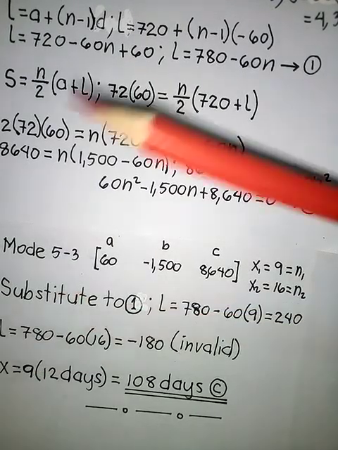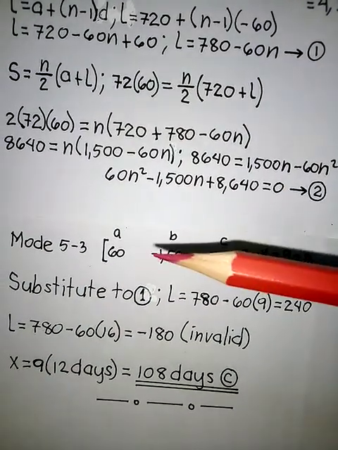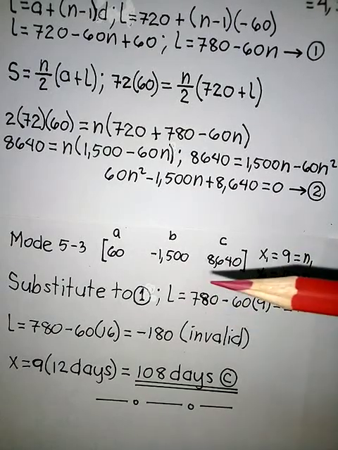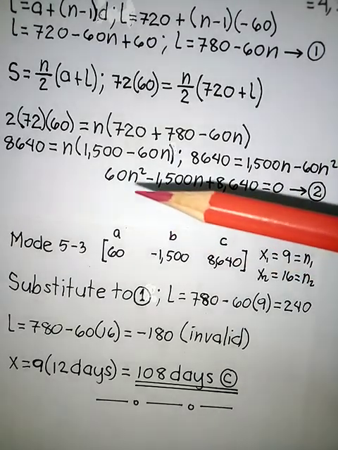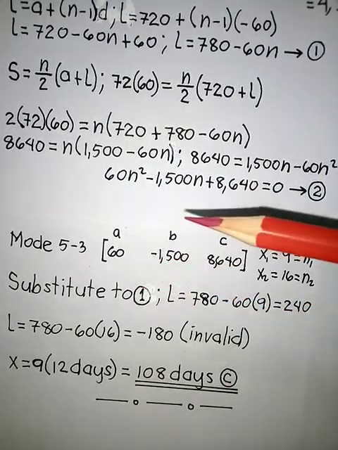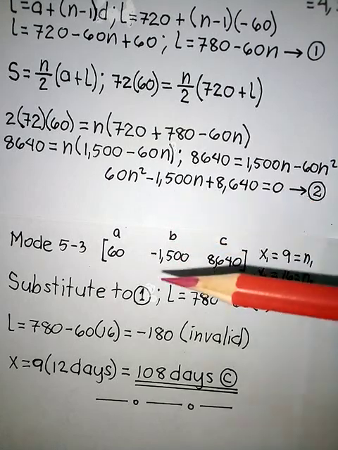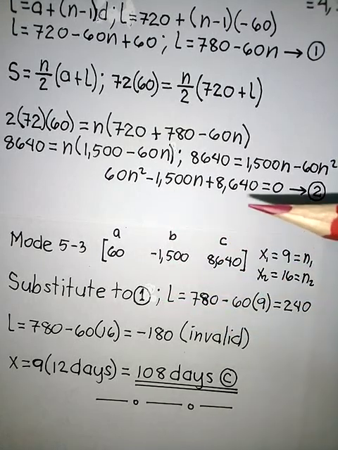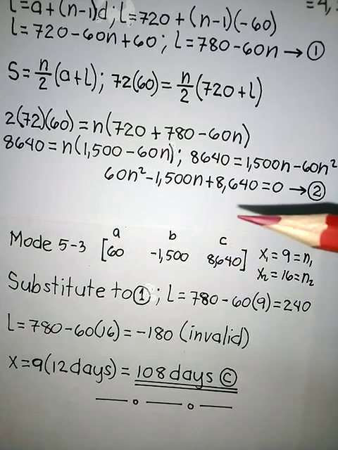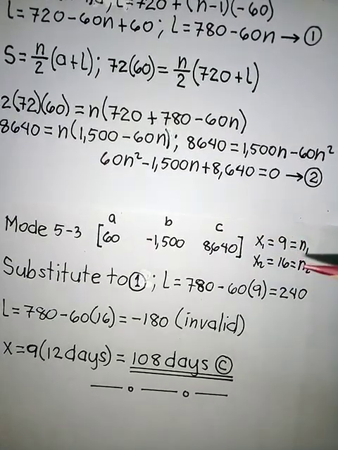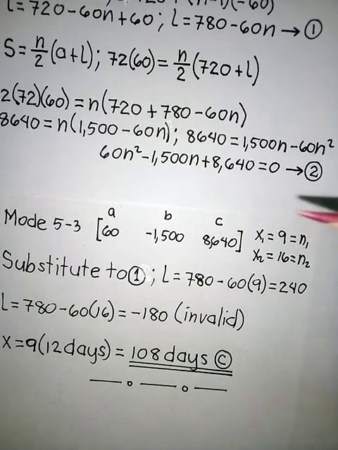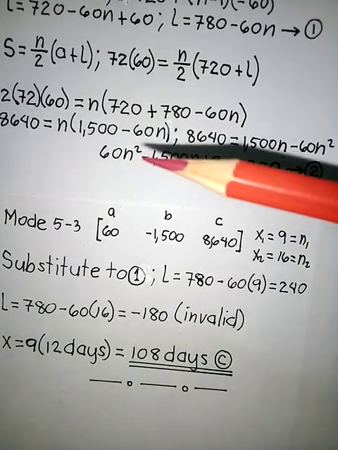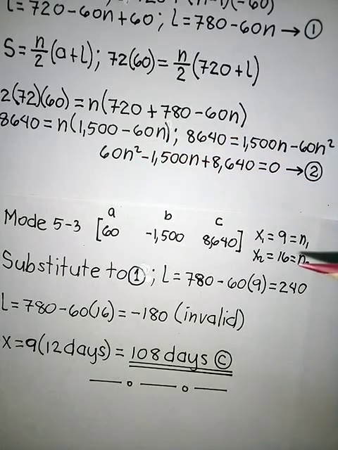Using mode 5.3 of our calculator, we type the coefficients: 60 for column A, negative 1,500 for column B, and 8,640 for column C. Pressing the equal sign, we get x sub 1 to be 9 and x sub 2 to be 16. Here x sub 1 is n sub 1, the number of terms, because we have the variable n, and x sub 2 is n sub 2, equal to 16.